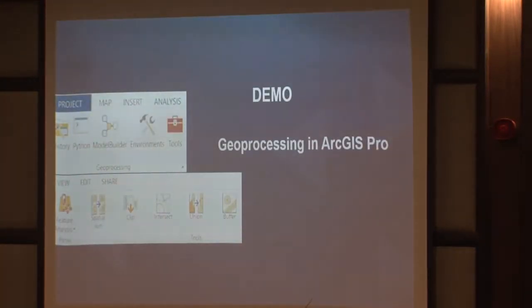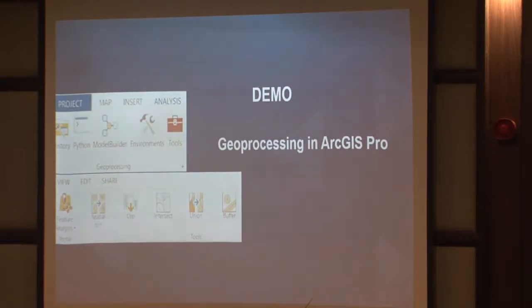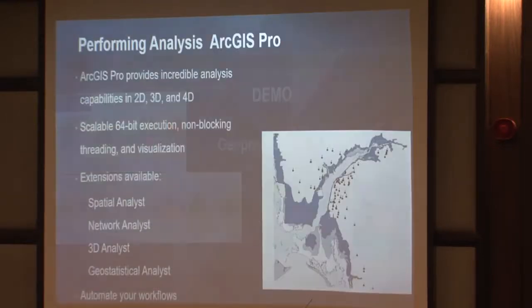Now we know at least where to get the tools to do any analysis within ArcGIS Pro, and as we've seen, it's very easy, and most of the tools are displayed at the analysis ribbon tab. So let's look at how you go ahead and do analysis within ArcGIS Pro.